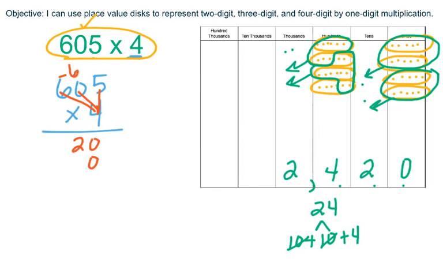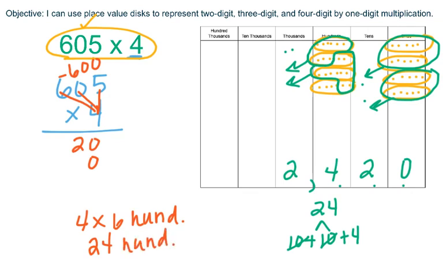That is in the hundreds place. That is actually a 600. 4 times 600, 4 times 6 hundreds is, 4 times 6 is 24 hundreds, or we think of that as 2,400.